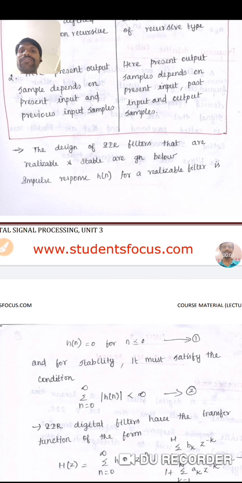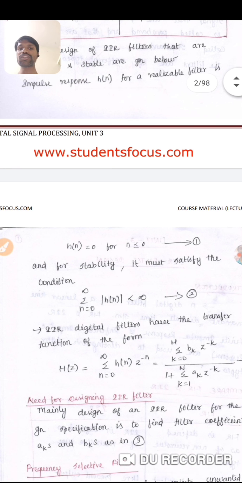To design an IIR filter, it must satisfy two conditions. One is it should be a causal system, and it should satisfy the stability condition. The impulse response for a realizable filter should satisfy the causal condition, which is h of n equal to 0 for n less than 0.